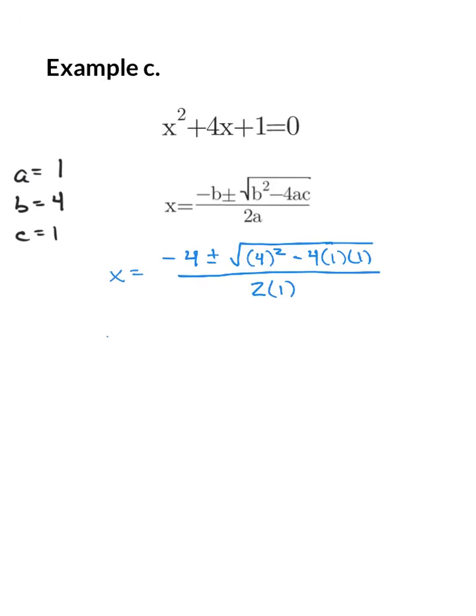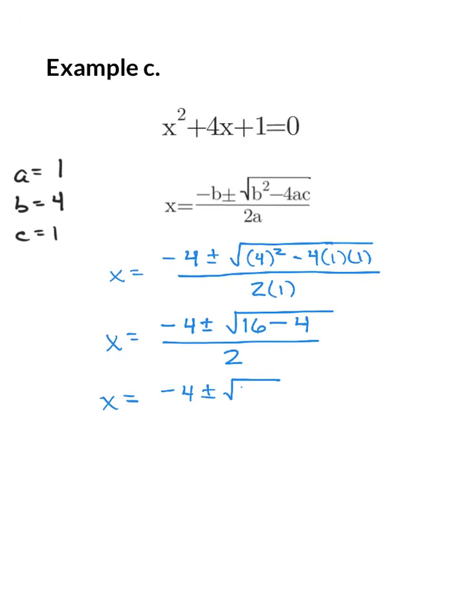We can simplify inside the square root, and if we do that, we want to start with the exponents. 4 squared is 16, minus 4 times 1 is 4. And in the denominator, we get 2 times 1 is 2. Let's go ahead and subtract inside. We get negative 4 plus or minus the square root of 12 over 2.